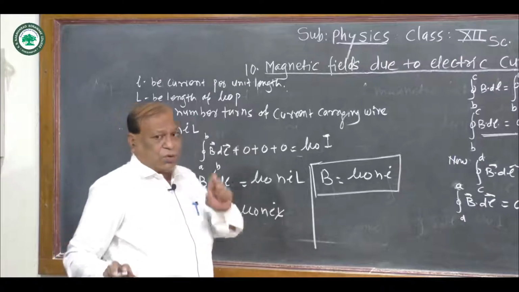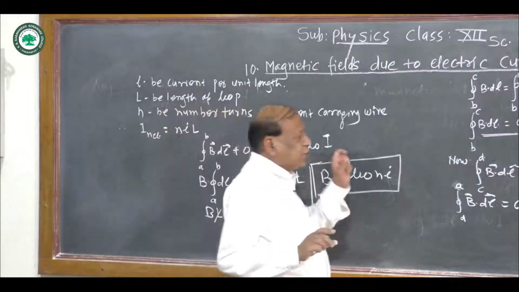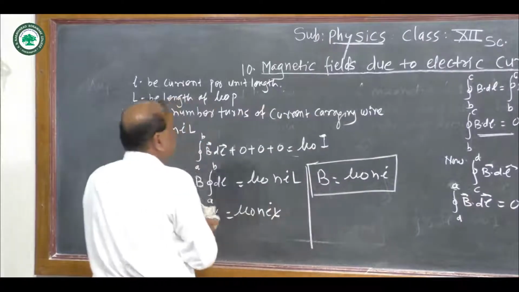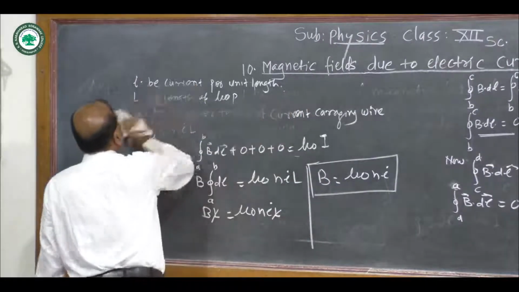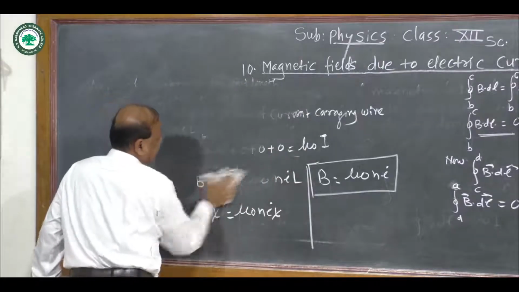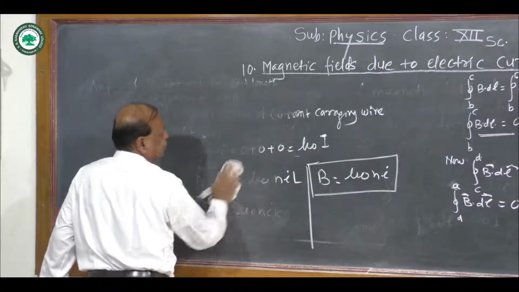Now only one small article is remaining. Now we have to discuss the magnetic field of a toroid. What does it mean by toroid?